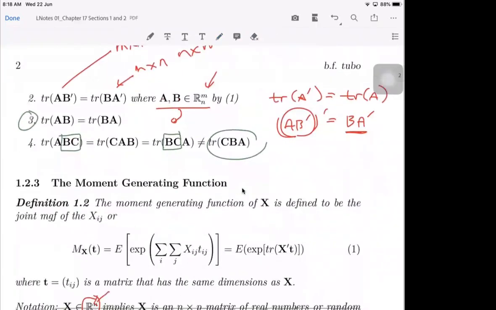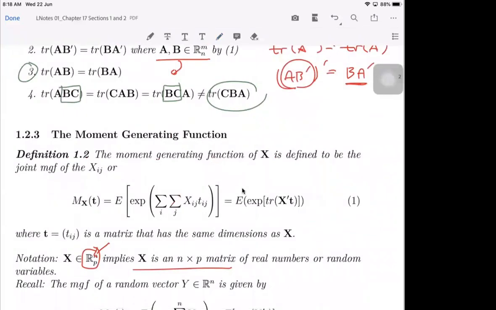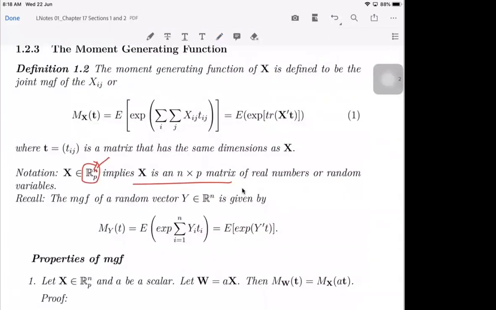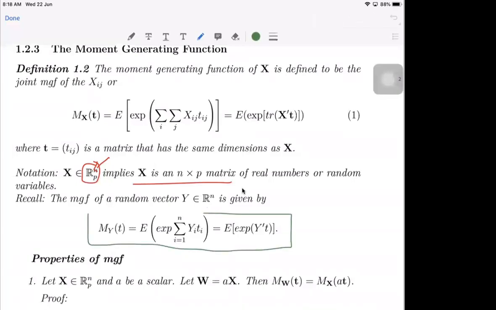Okay, so let's recall now the moment generating function. In your earlier lessons about moment generating functions, you know that if y is a random vector, an n by 1 vector, the moment generating function of y is, by the general formula, the expected value of the exponential of y prime t.